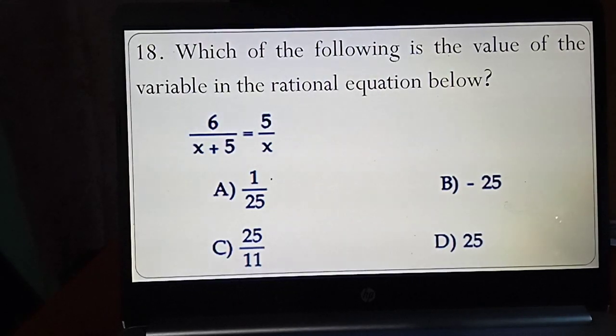So we have to transpose 5x to the left, so 6x minus 5x equals x, then equals 25. So the answer is 25, letter D. Okay. For number 19, there is no number 19.